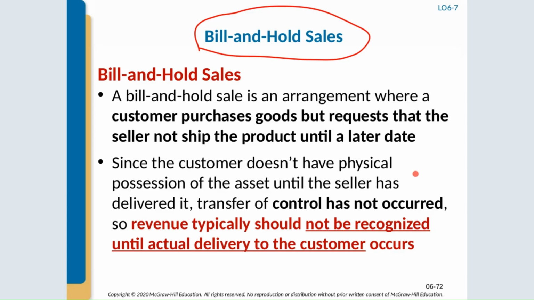Just hold it and I'll let you know when you can do that. So in that case, we are not going to recognize the revenue until it's actually delivered to the customer. So the seller is going to hold that in their inventory, in their balance sheet, until it's actually delivered.